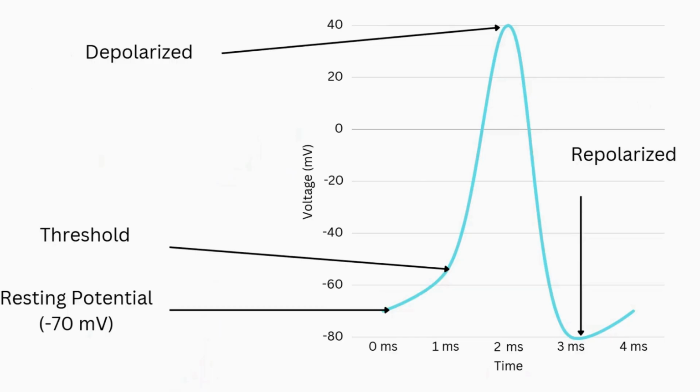Yeah, as Beatrice talked about, we started off with the resting potential at negative 70 millivolts, and then we have to reach that threshold potential of negative 55 millivolts, and it's all or nothing, or the action potential cannot be released.